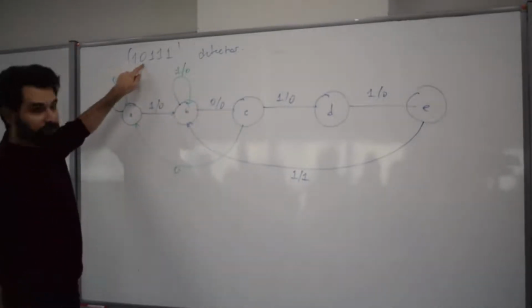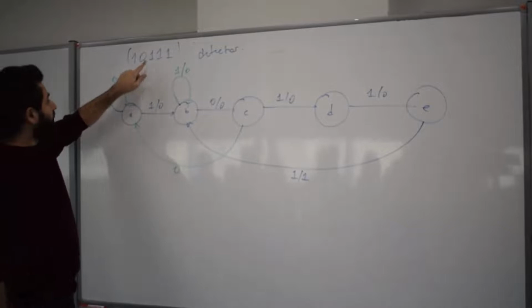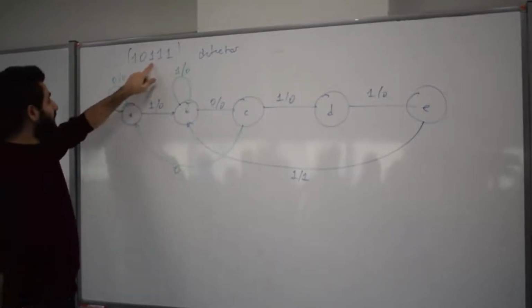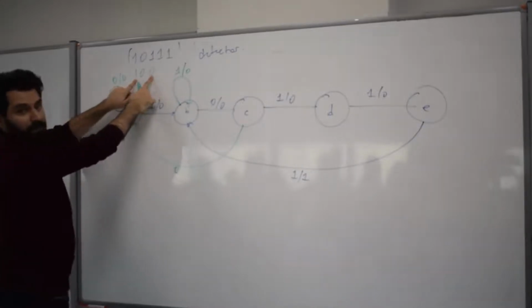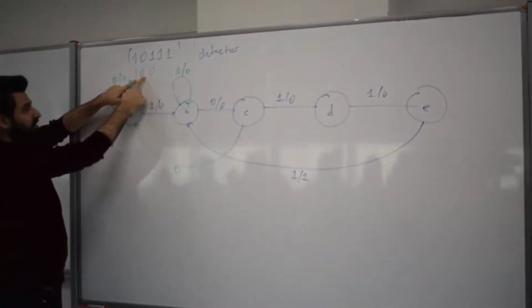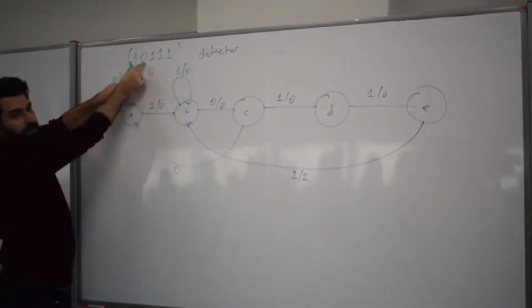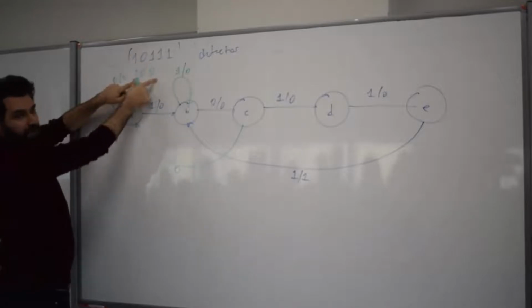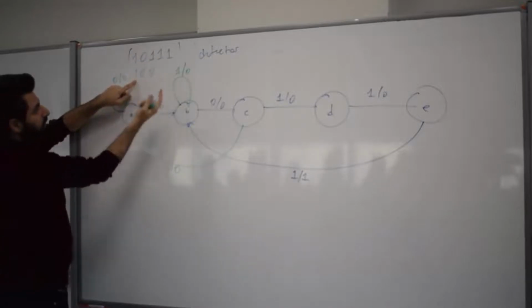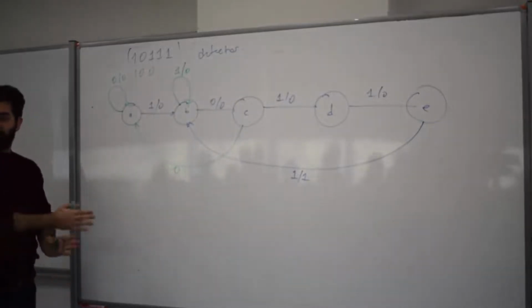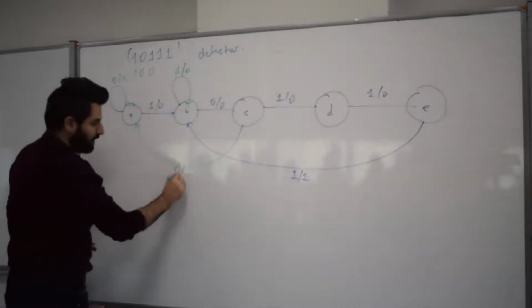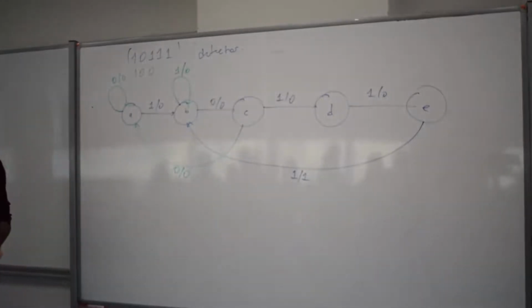I'm doing very well, but then I got a 0. Unfortunately, if I receive 1, 0, 0, that's not going to help me, because nothing here is a prefix of my valid sequence. So I have to go back and start counting again from the very beginning. That's why I have 0, 0 here.